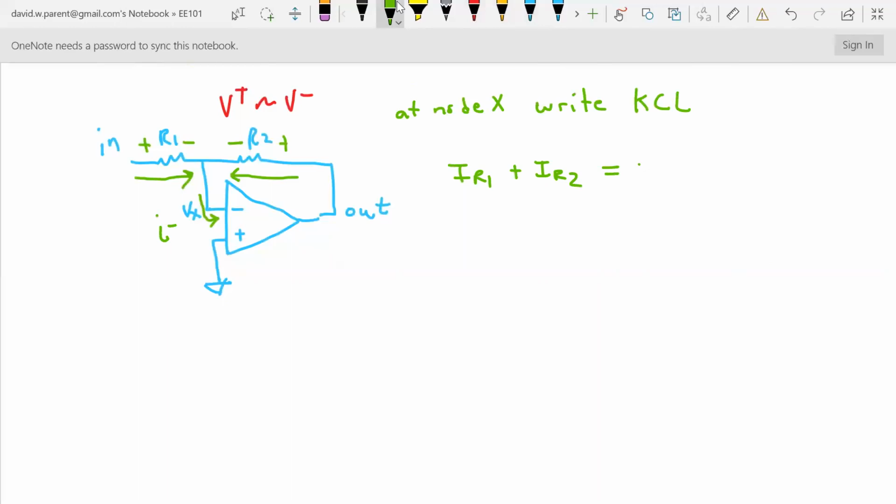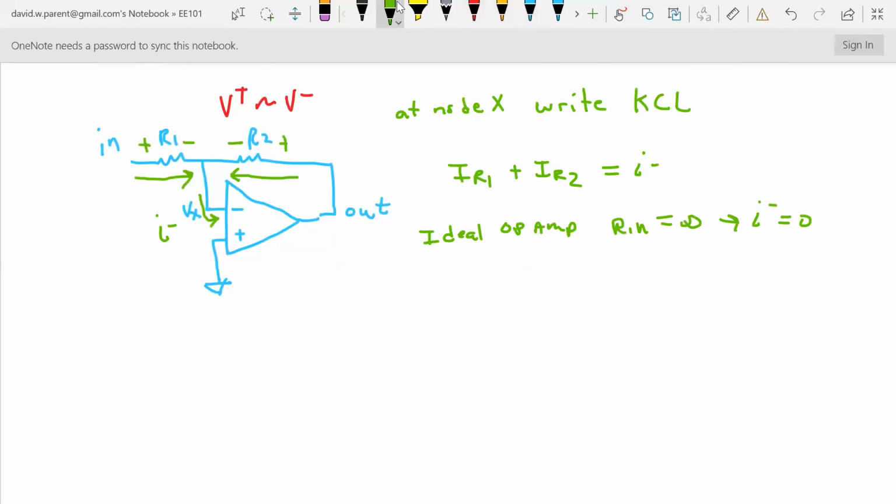So then that equals I minus. All right, so ideal op-amp, Rn equals infinity, which leads to I minus equals 0.